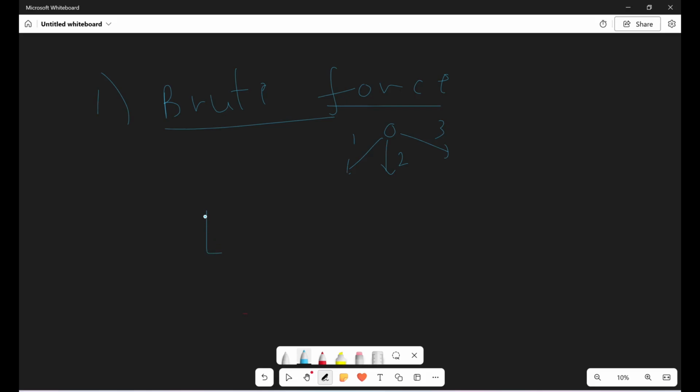Let's see this with an example. I have an array with 1, 2, 3. Now, if I were to burst, let's say, the second balloon first, then my subproblem would be this and this.